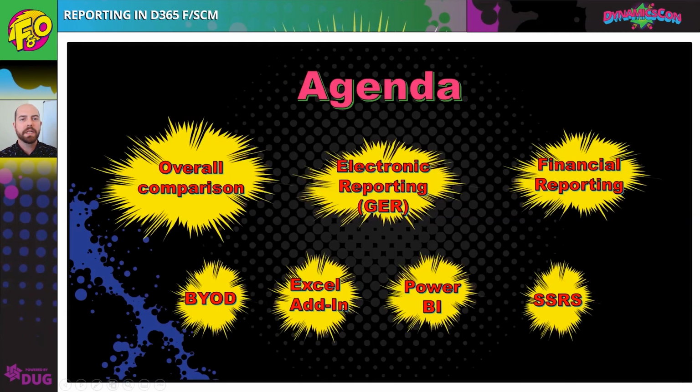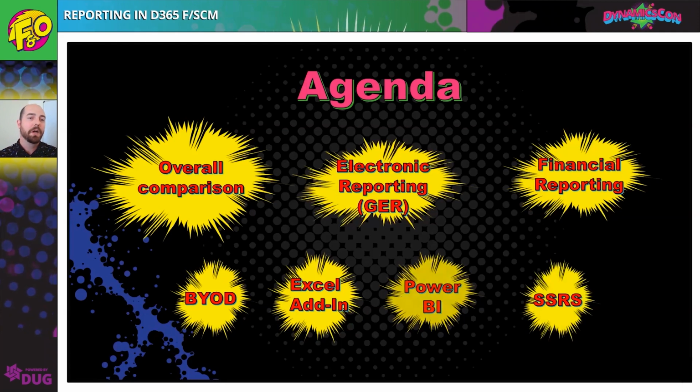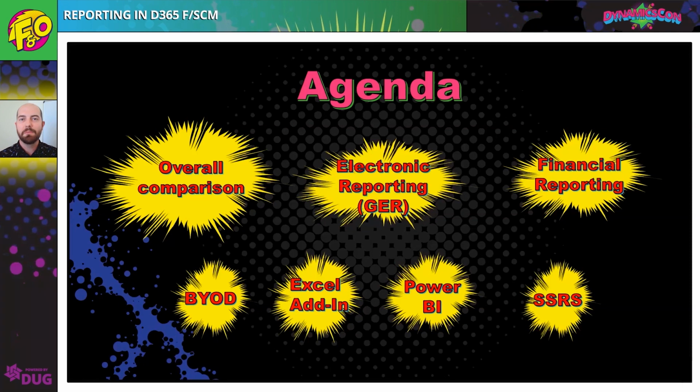Okay, so what are we actually going to go through today? It's going to be a whirlwind tour of Ian's favorite and most frequently encountered reporting technologies. So what are we covering? We're going to talk about SSRS, SQL Server Reporting Services, Old Faithful. We're going to talk about Power BI, the not so new kid on the block, but still the popular kid.